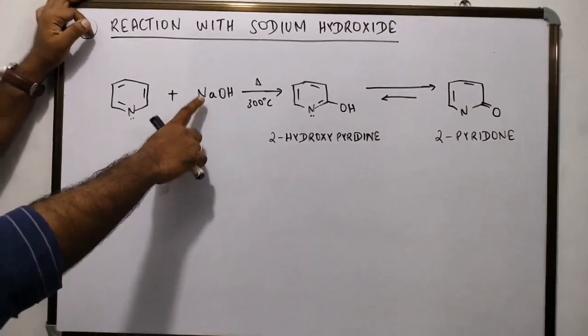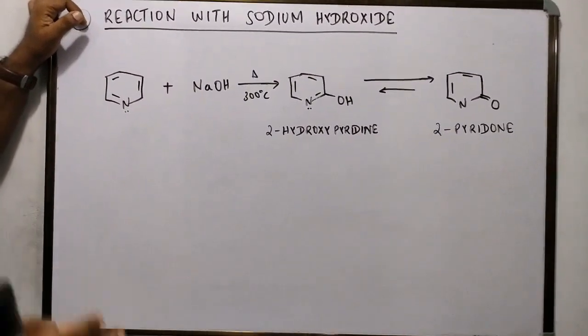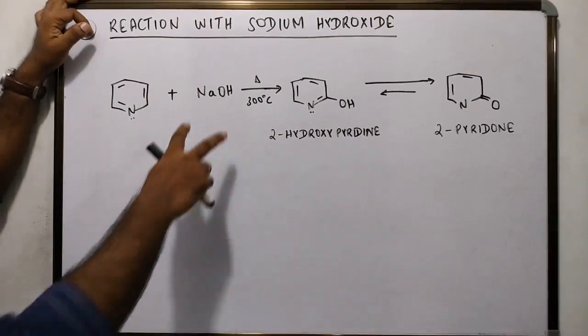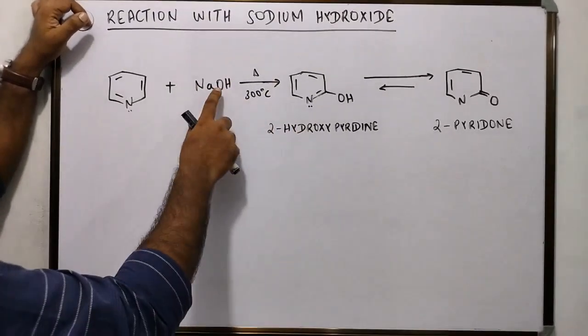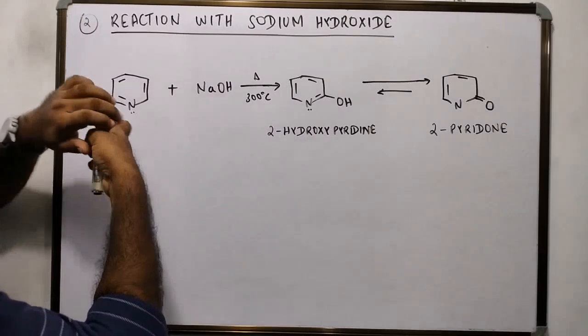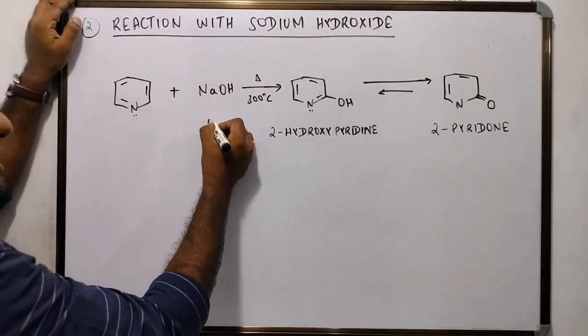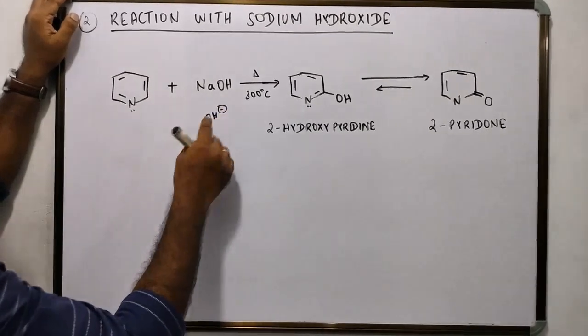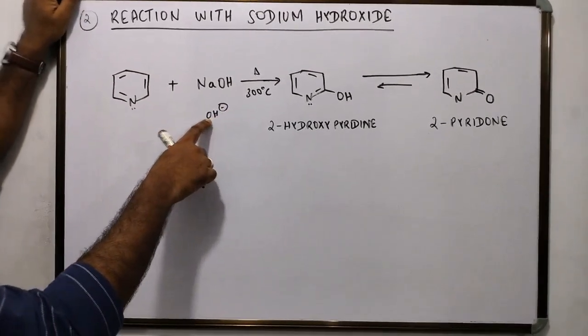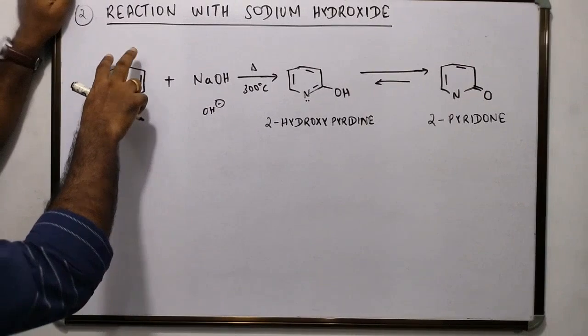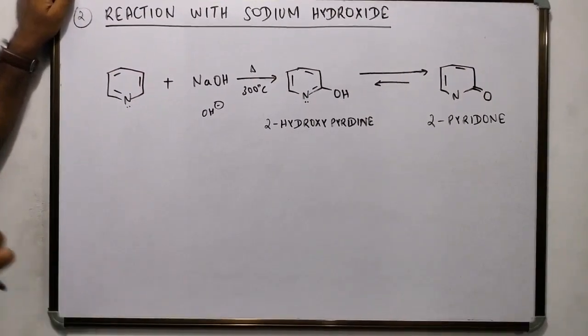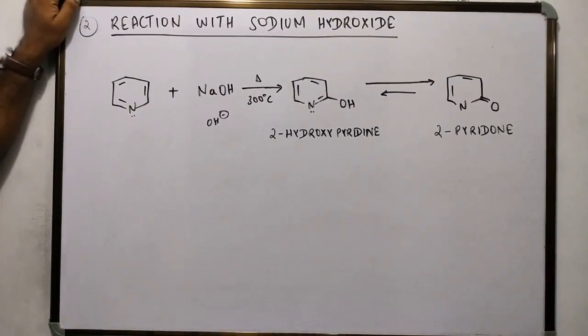Sodium hydroxide is a Lowry-Bronsted base. That means that it dissociates spontaneously to yield OH minus. OH minus is the negatively charged nucleophile, and it can attack the pyridine ring, particularly at positions where the scarcity of electrons is very high.